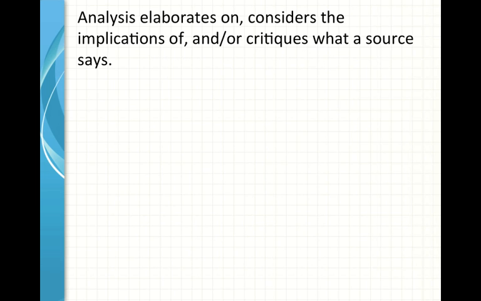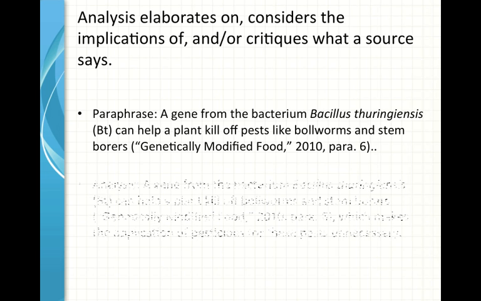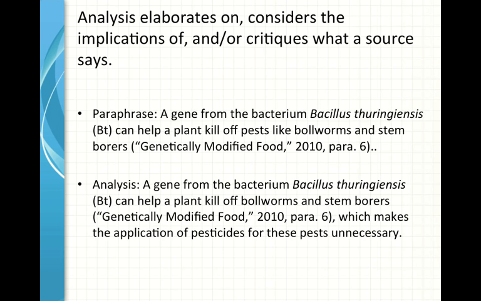In the last slide, we looked at a simple paraphrase of the passage that we considered. But analysis elaborates on that paraphrase, considers the implications of it, and/or critiques what the source says. So here's the paraphrase again. Here's some analysis.